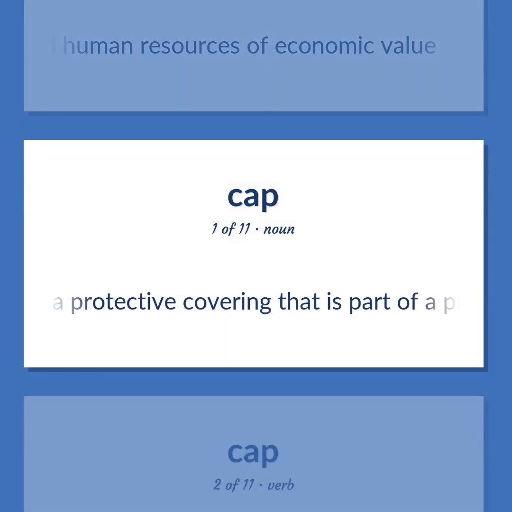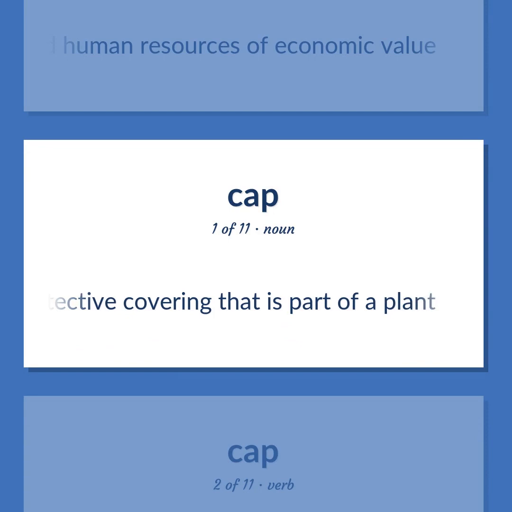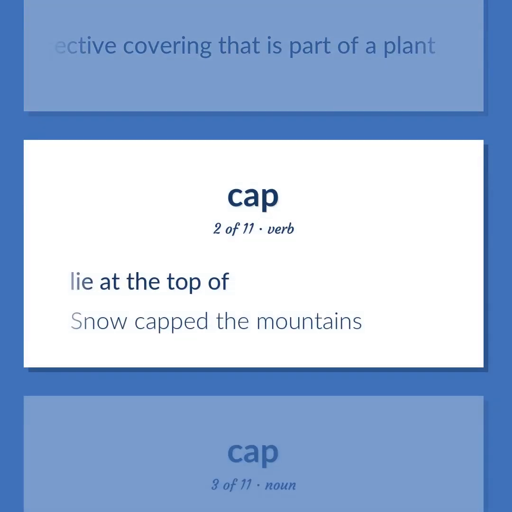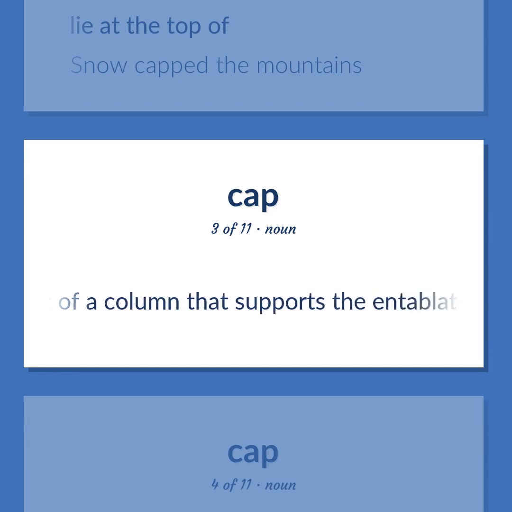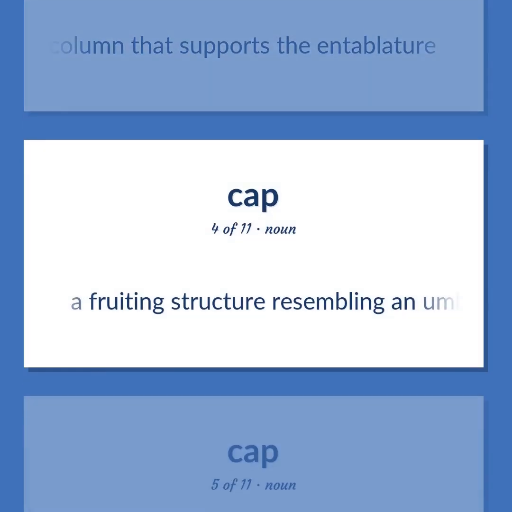A protective covering that is part of a plant. Lie at the top of. Snow capped the mountains. The upper part of a column that supports the entablature. A fruiting structure resembling an umbrella or a cone that forms the top of a stalked fleshy fungus such as a mushroom.